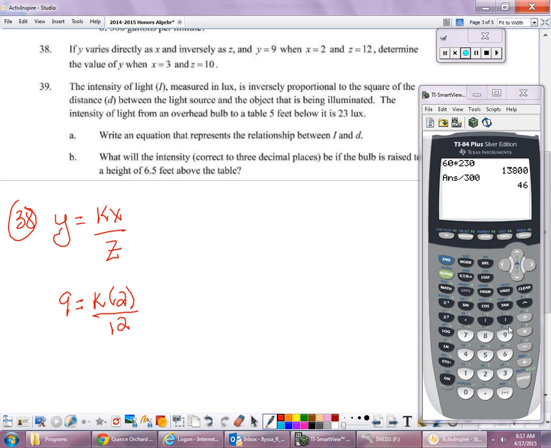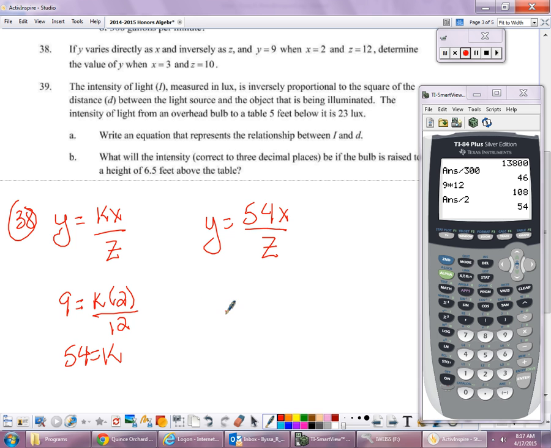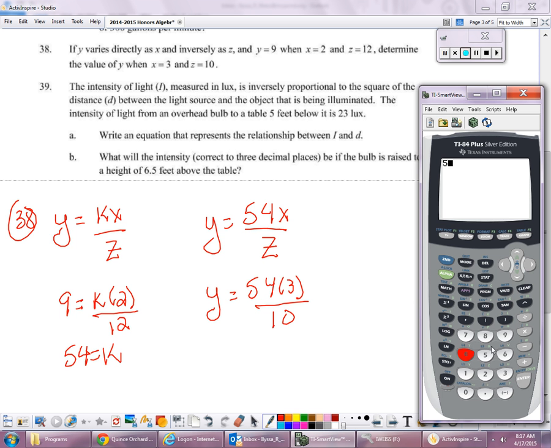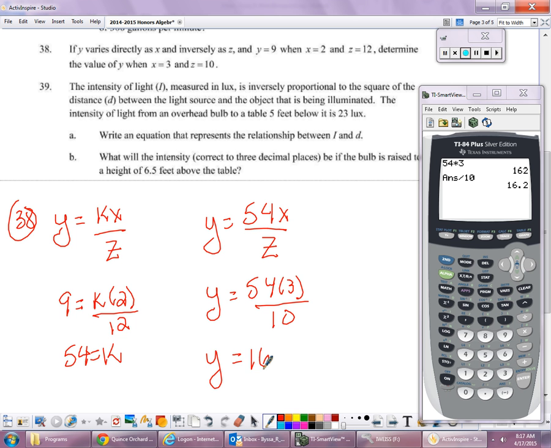Okay, so let's find k. 9 times 12 divided by 2, so 54 is k. And now plugging in the other numbers they give us, 54 times 3 divided by 10, 16.2.